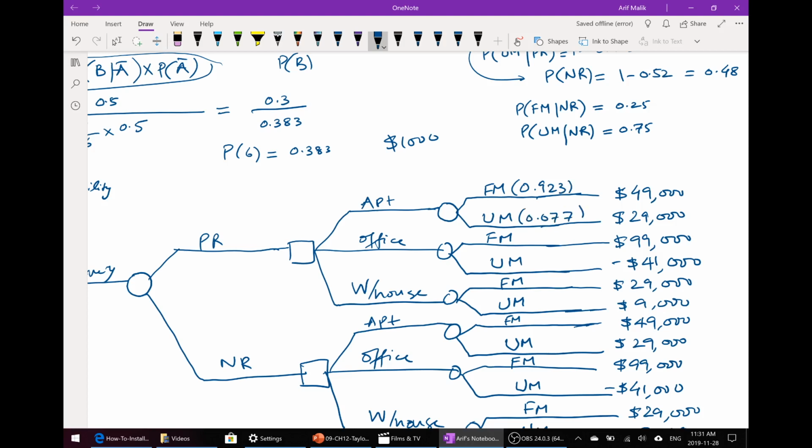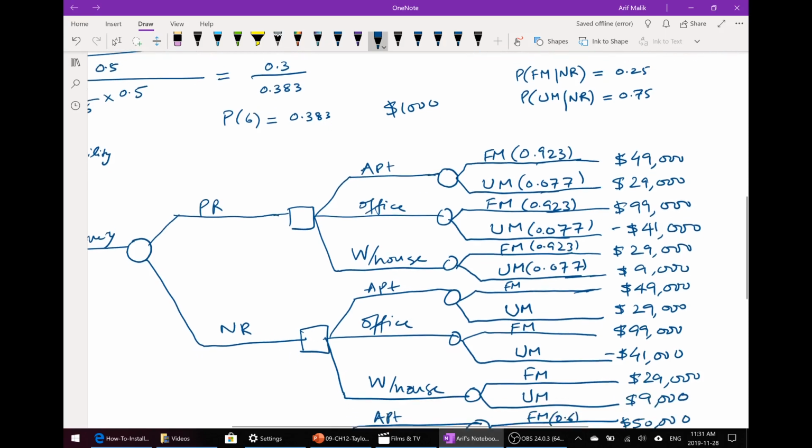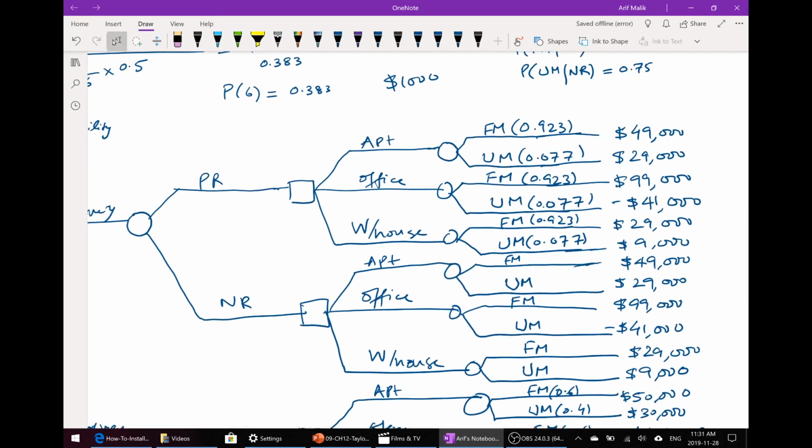This will be the same. Favorable market, given the positive report has come, 0.923 and 0.077, and 0.923 and 0.077.